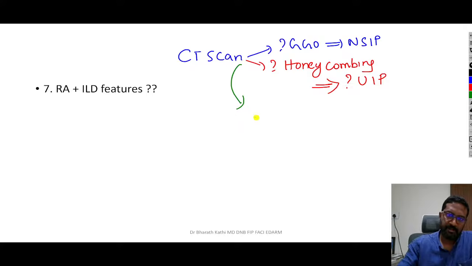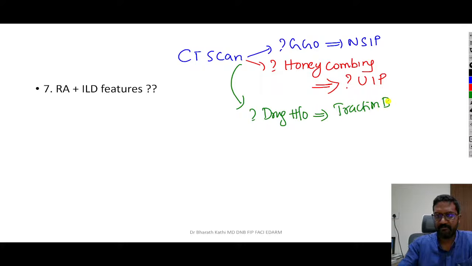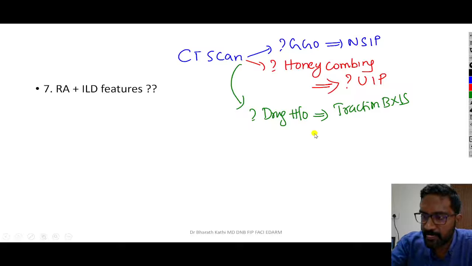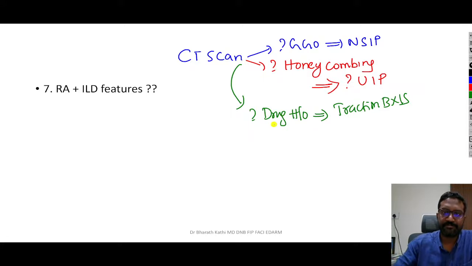Or was there any drug history, and it was showing some traction bronchiectasis, anything like this? What was that? Were they asking you to identify it to be NSIP or UIP or any drug-induced ILD or drug-induced fibrosis, anything like that? No specific finding is given.